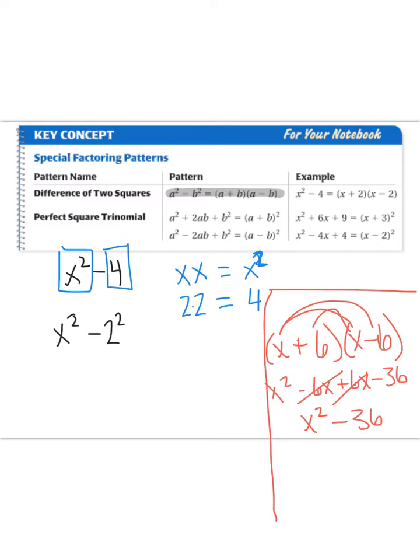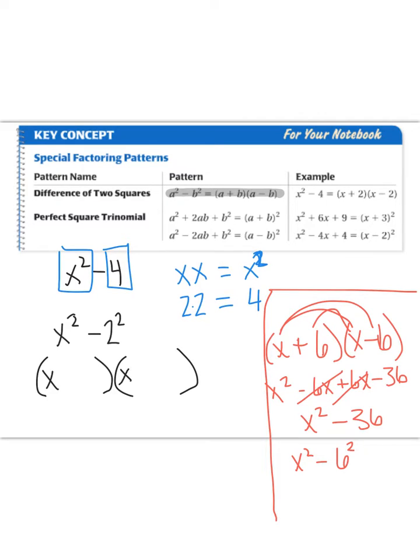So this would also be the difference of two squares, right? Because I have x squared minus 6 squared. So going back to our original example, how would you suppose that we could factor x squared minus 4?